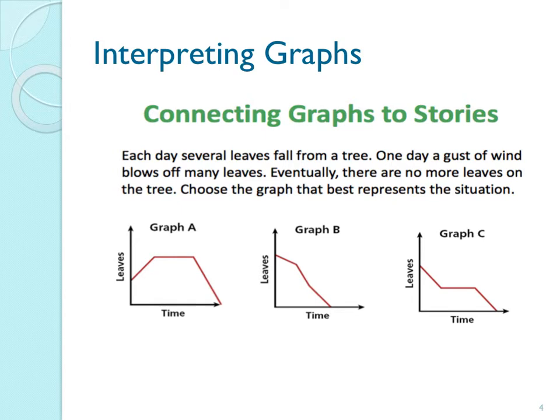Okay, so looking at the scenario, I would pick B. There is a steeper slope here, and that's where that gust of wind blows off many at a time, and then eventually there's no more.